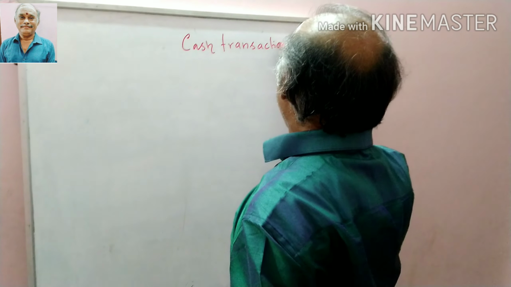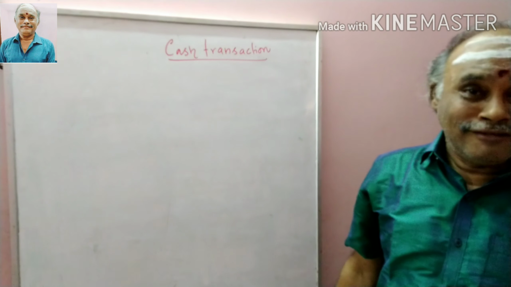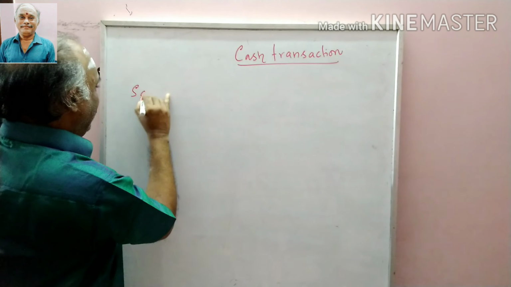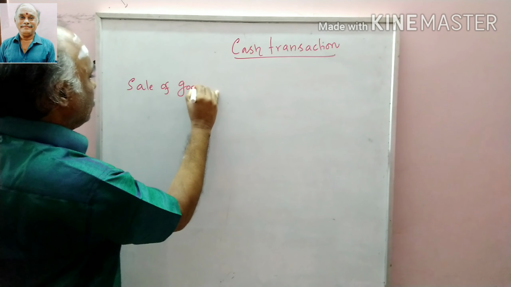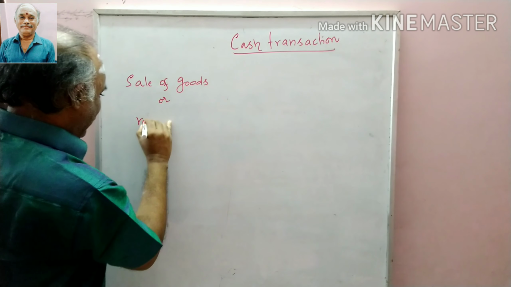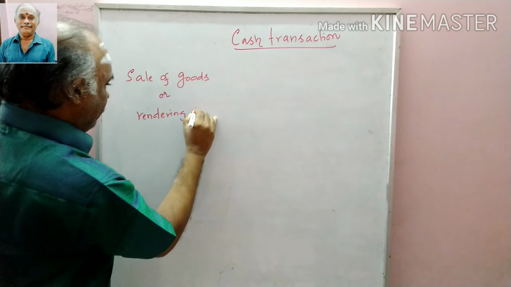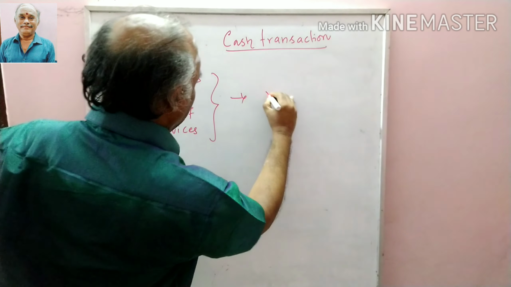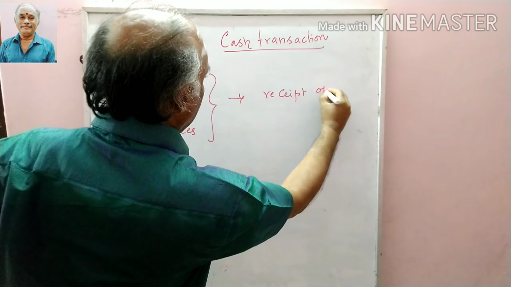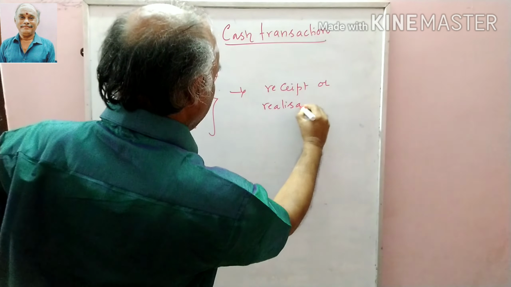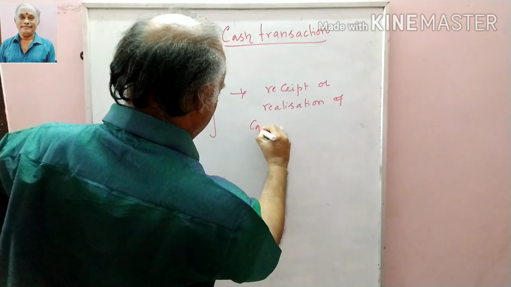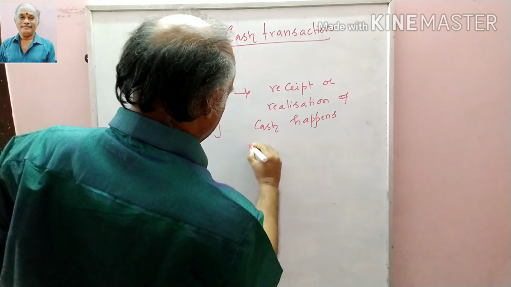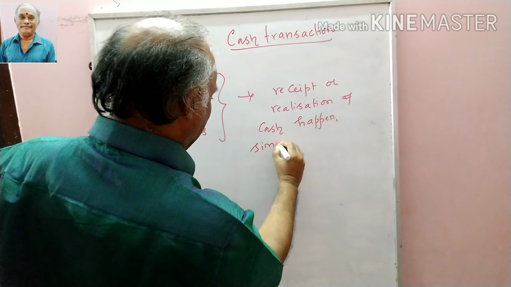So we come to the cash transaction now. I had earlier said, as per the Contract Act, it's an executed contract because both the parties had fulfilled their promise. Look at here. First one, sale of goods or rendering of service, against this receipt or realization of cash happen simultaneously.